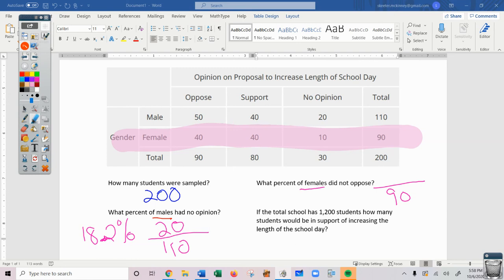So if we want the ones who did not oppose, we are talking about people who support and people who have no opinion at all. So we have an overlap with the 40 and the 10, right? Here's my intersections. So I want 50 on top of this. When I take 50 divided by 90, I end up with 55.6%.